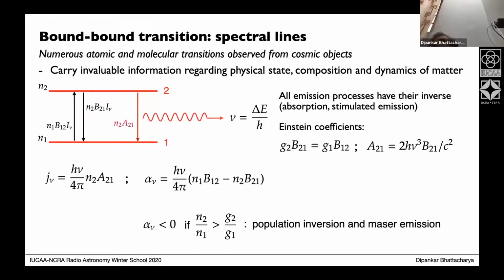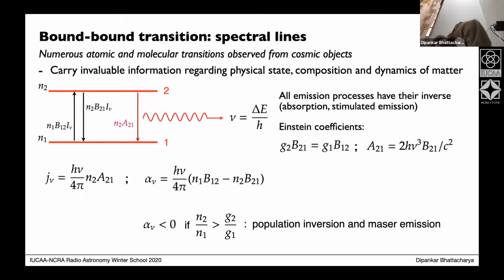Now there could be situations where N2 B21 is larger than N1 B12. In that case, the absorption coefficient can become negative. Then any incident radiation I nu will be amplified, because it is added to primarily by stimulated emission.